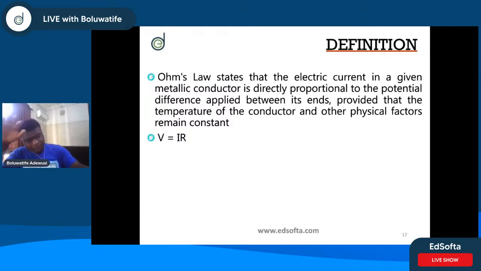What Ohm's law is saying is, in an ideal environment where you can control temperature, air resistance, and all the other physical factors, the electric current would always be directly proportional to what? To the potential difference applied between its ends.